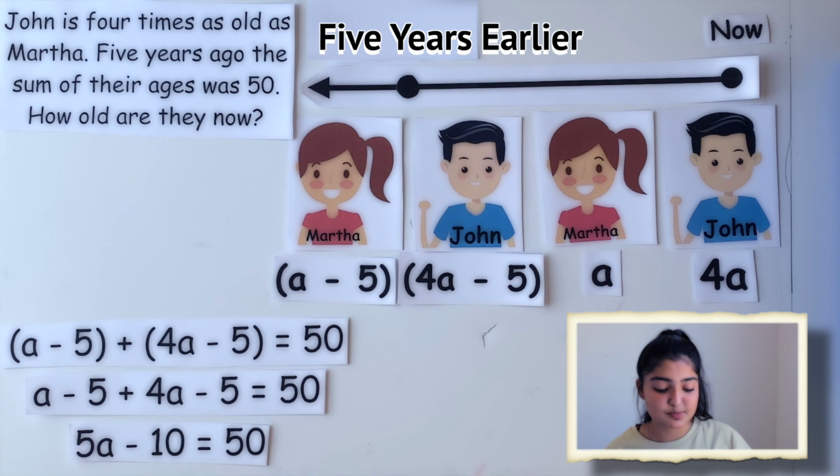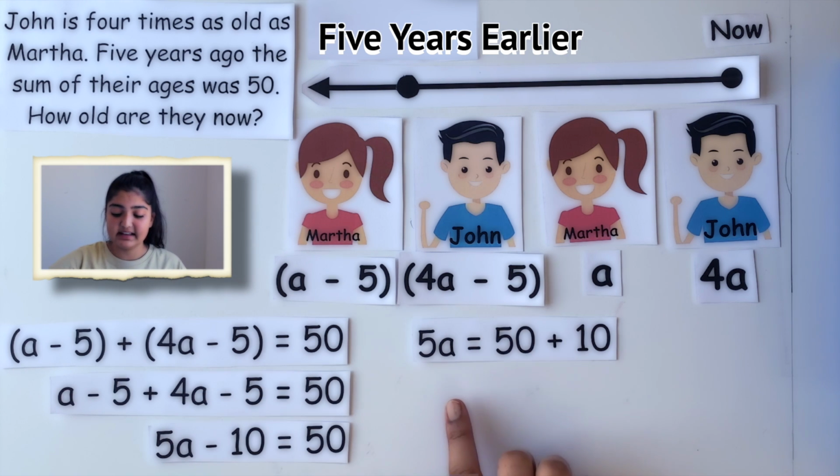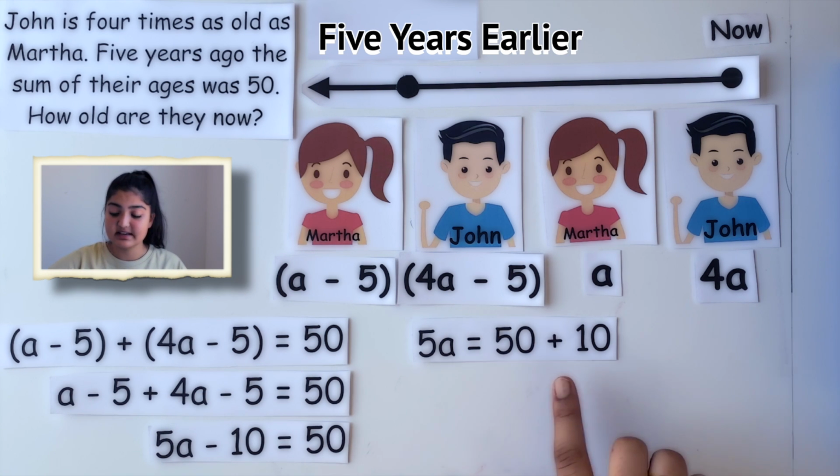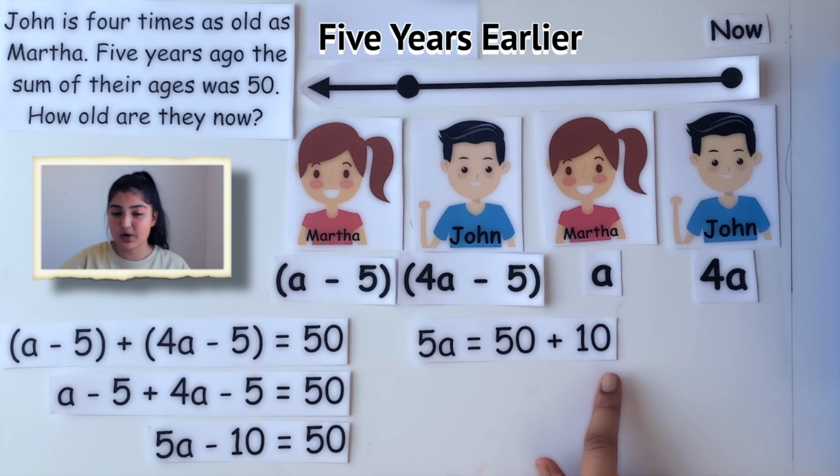Now, let's bring our constant, negative 10, to the right side of the equation. 5A is equal to 50 plus 10. Now, let's simplify this right side of the equation.